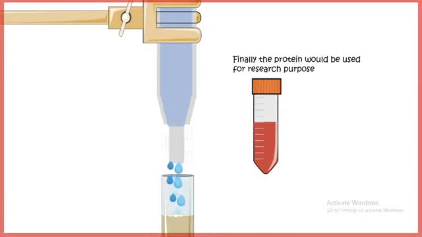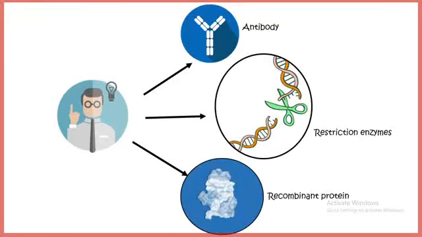But imagine once you need some kind of product such as an antibody, such as a restriction enzyme, or such as recombinant proteins for your own research, each time you are not going to make it from scratch, right? You're going to look for companies who deliver all of these enzymes, right?